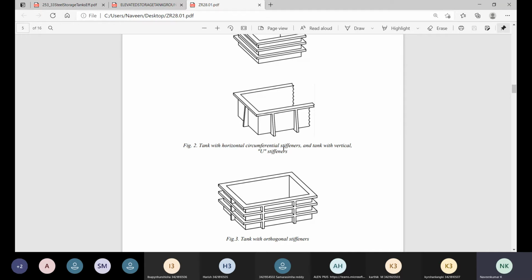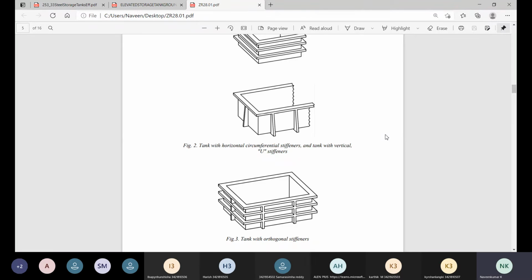So due to the increase in the load, you increase the number of stiffeners in the horizontal as well as the vertical direction. Now you know what a steel tank is, and in any steel structure the stiffeners will be provided. Okay, so you know the role.